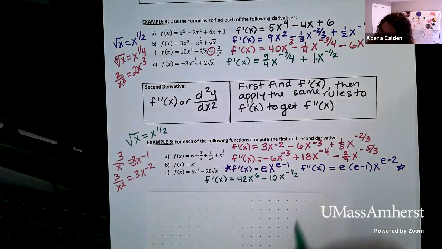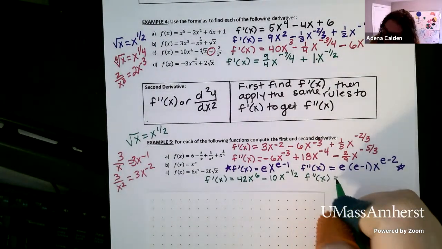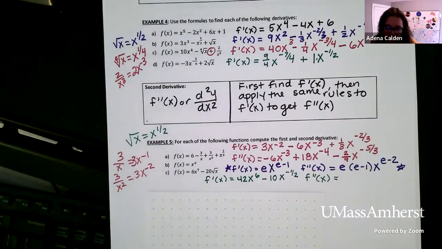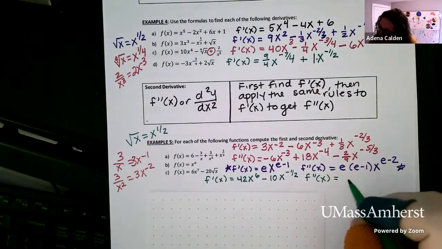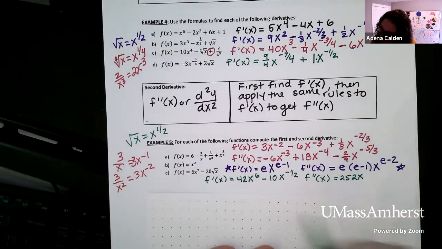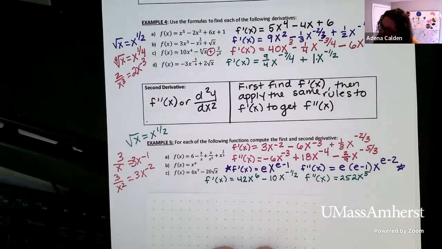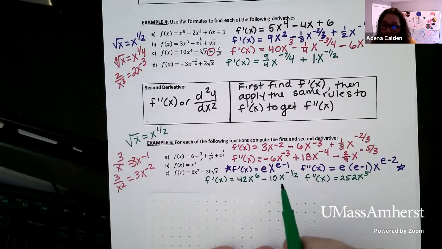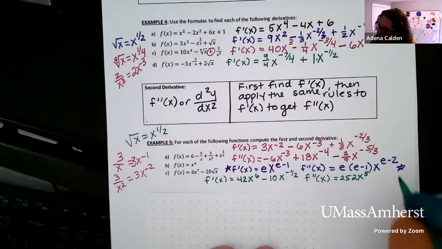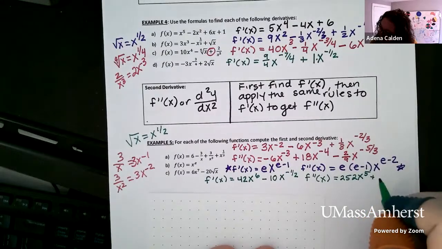So now when we go to do the second derivative, we again are going to go term by term. So we have 42 times 6, which is 252x. We subtract 1 from the power, so x to the 5th. And then for our second term, I notice that I have a minus and that I have a negative half coming down. So the minus is going to cancel, and I'm going to get plus 5x.